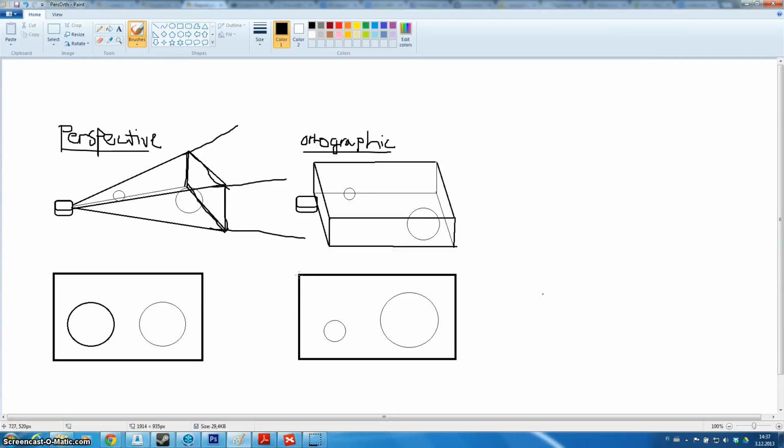So that's why that little sphere is still a little sphere over there, and this big sphere is still a big sphere when it has been printed over here, and over here it's printed like this, and that's why the same size. Okay.